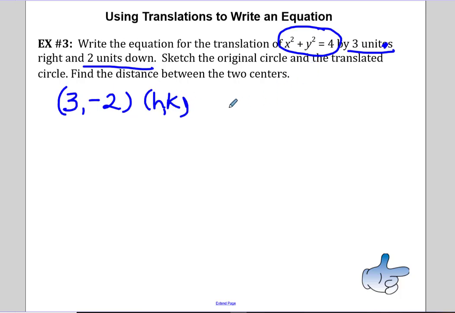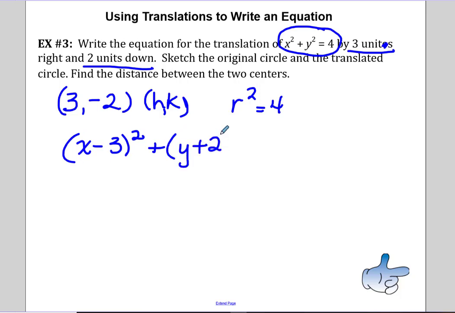And the radius squared, r squared, is 4, so the radius is 2. To move that circle, x minus 3 quantity squared plus y minus -2 quantity squared equals r squared, which is 4. Then we want to sketch the original circle. We also want to sketch the translated circle and find the distance between the two centers.